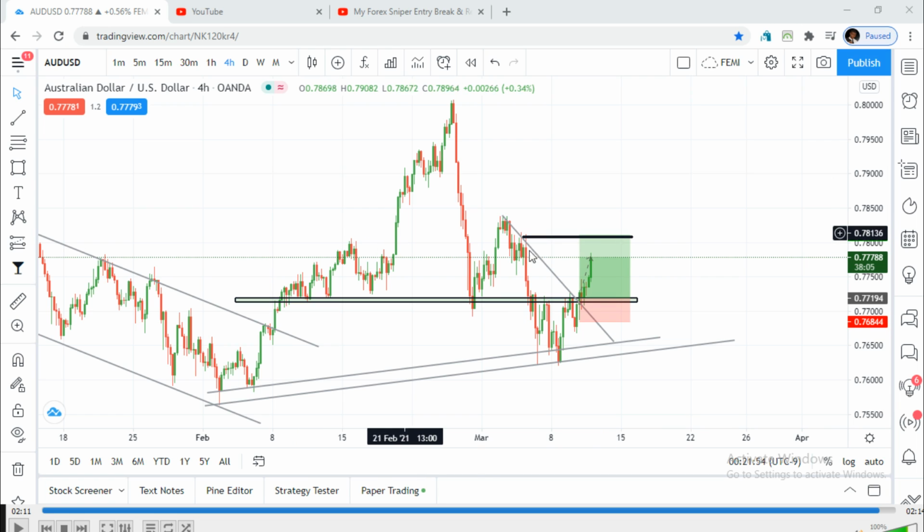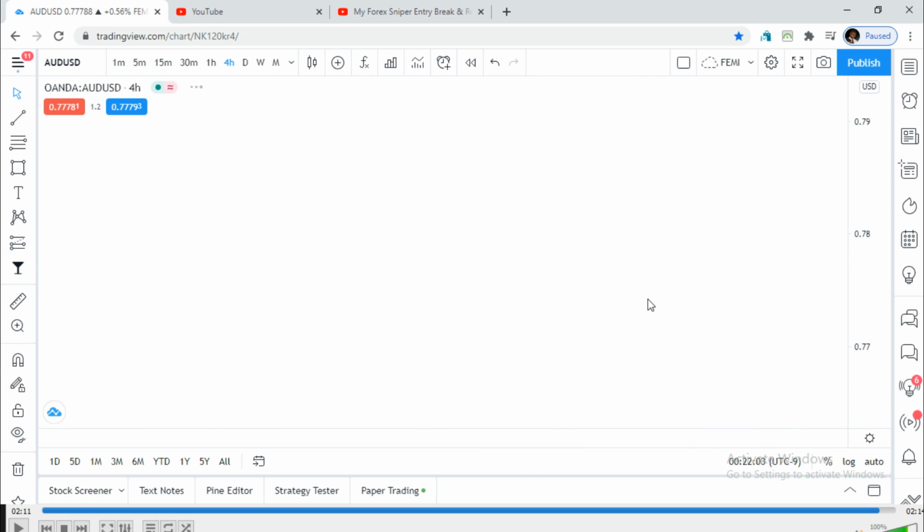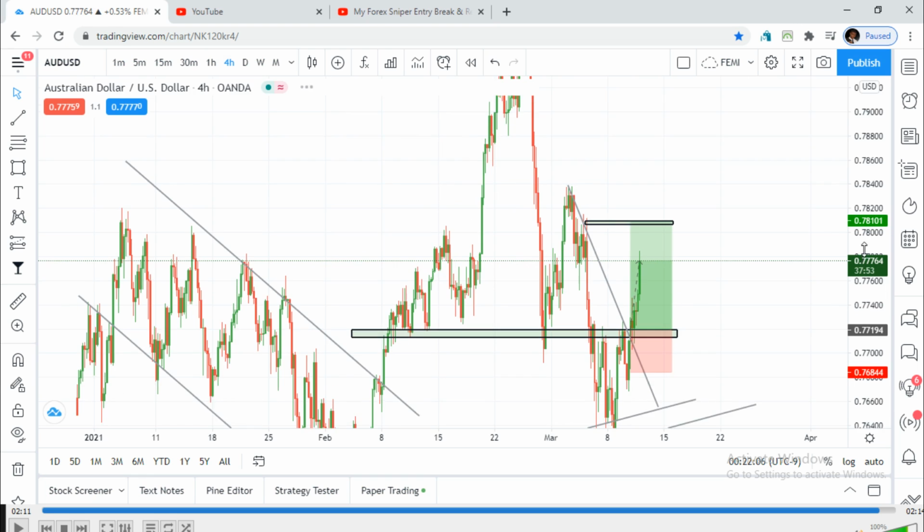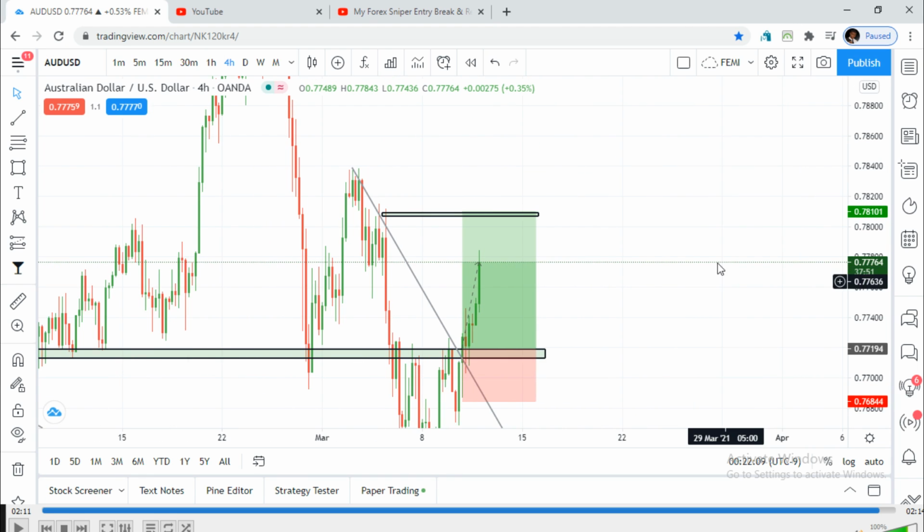Okay, first of all, go to your daily chart, see the trend, see where the market has gone to, see where it is presently. See the kind of trend you are in, maybe bullish trend or bearish trend.